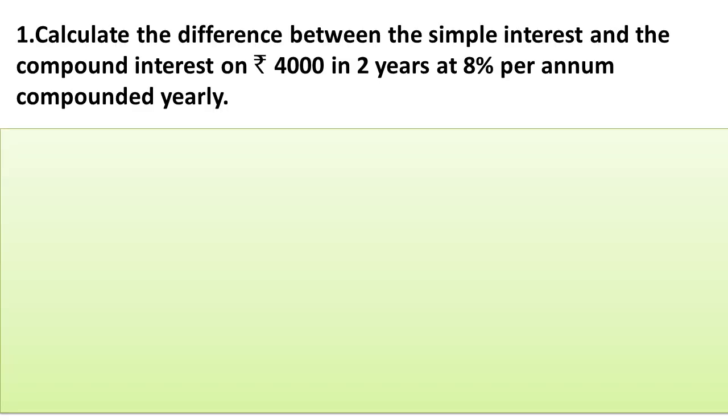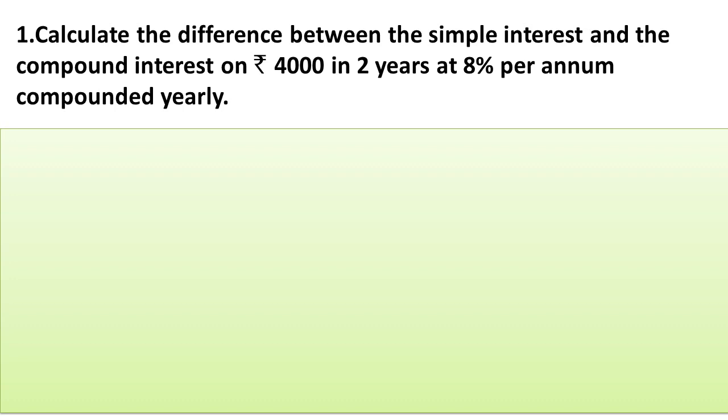Question number 1. Calculate the difference between the simple interest and the compound interest on rupees 4,000 in 2 years at 8% per annum compounded yearly. In this problem, we have to find out simple interest as well as compound interest, and the difference between them has to be calculated.